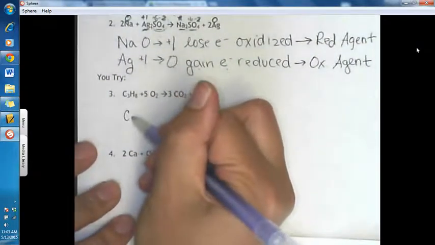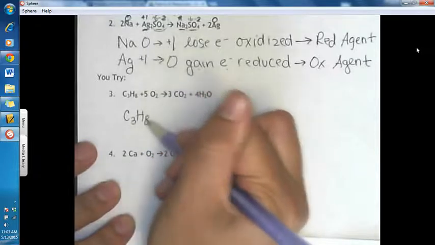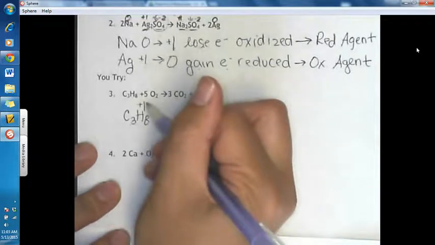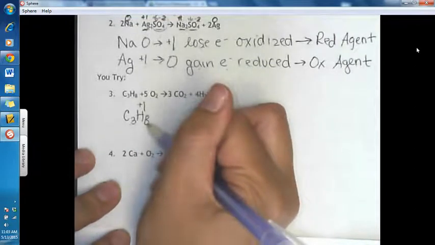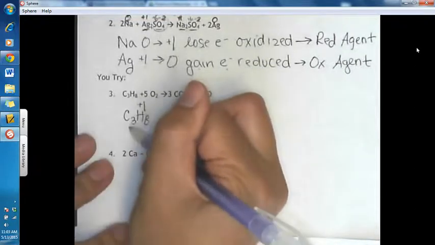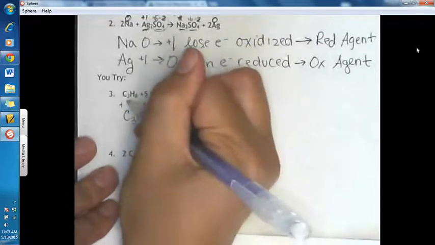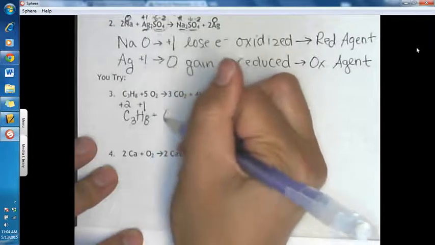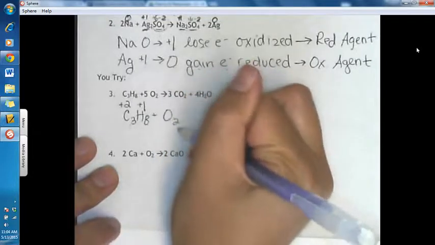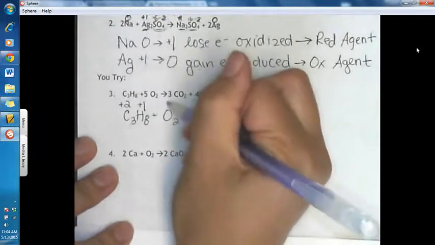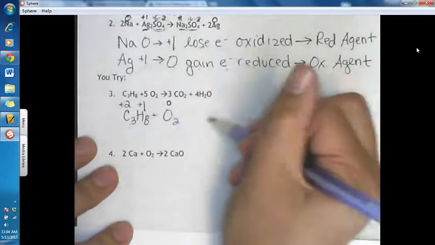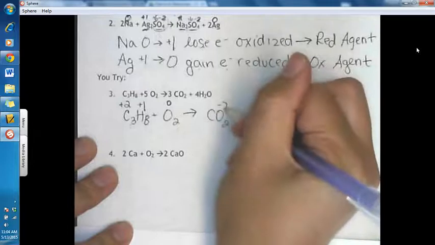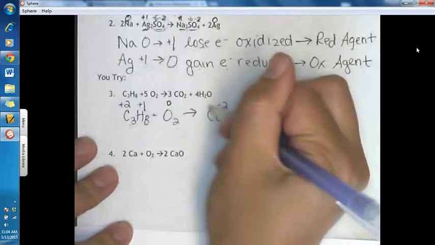We have C3H8. Hydrogen is always +1. Carbon needs to balance out with these 8 positives, and there's 3 of them, so it's +2. Our oxygen is in its diatomic state, so it's also going to have a 0 charge. CO2, we have a -2 here, so carbon is going to be +4.